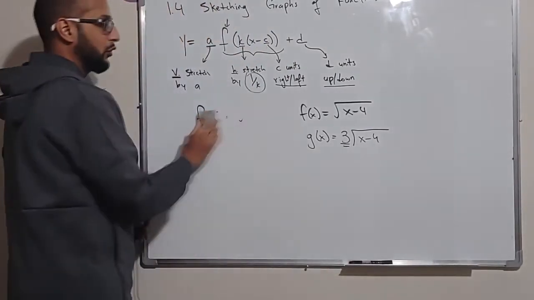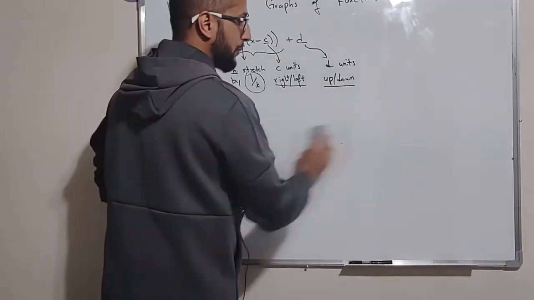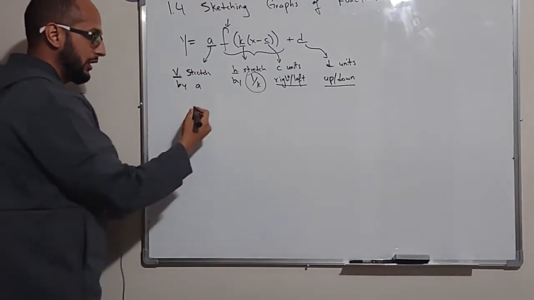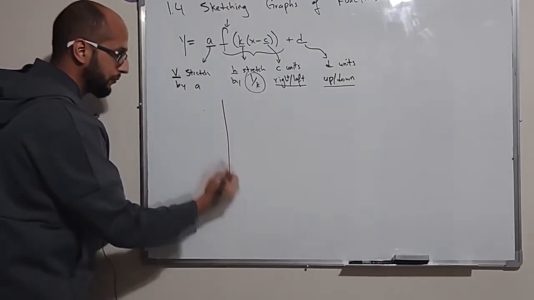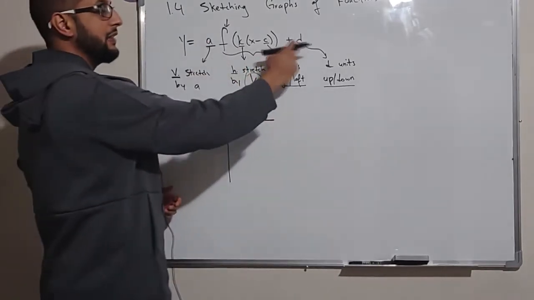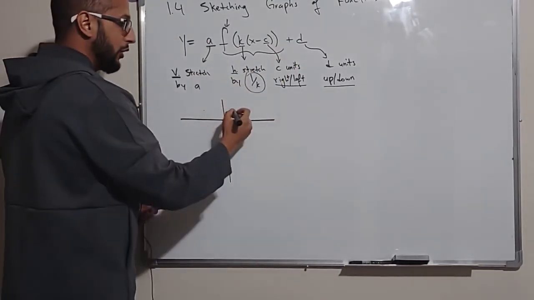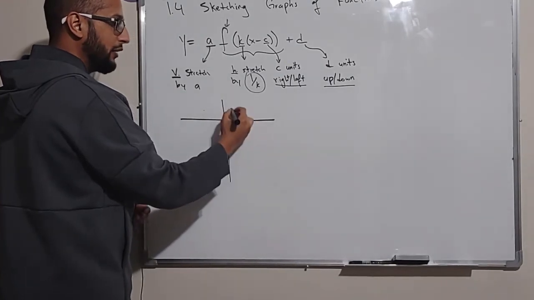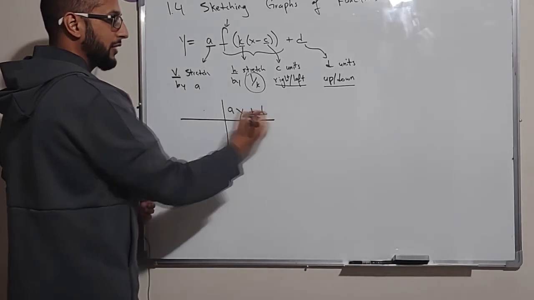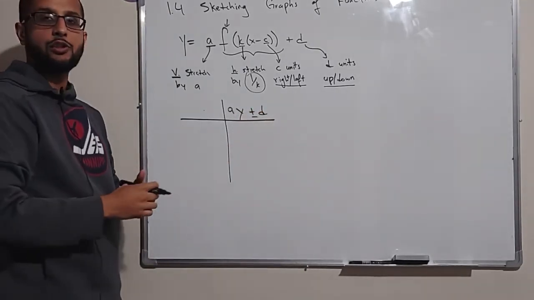One last thing before we shift over to the laptop and start looking at how they actually perform these transformations is the table of values. We know that A and D affect the y values. What they're going to do is for the y values, you multiply by A and you add or subtract D, depending on what the equation is.